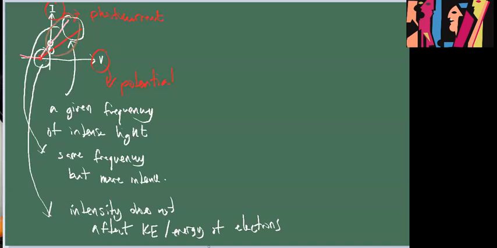If you succeed in stopping the beam of electrons using a potential, it doesn't really matter how intense the beam is; you're still going to use the same potential to stop these photoelectrons, to make your photocurrent become zero. And the interpretation here is this: the intensity does not affect the kinetic energy of electrons.